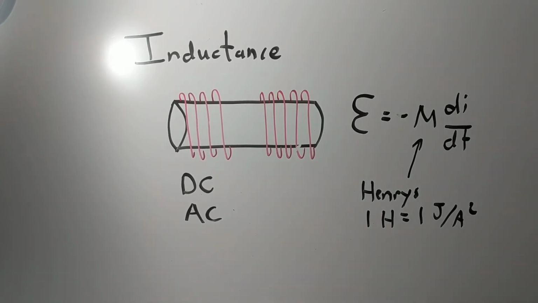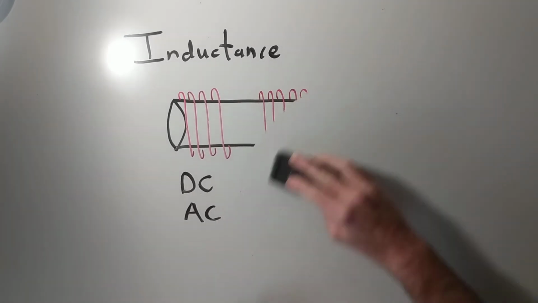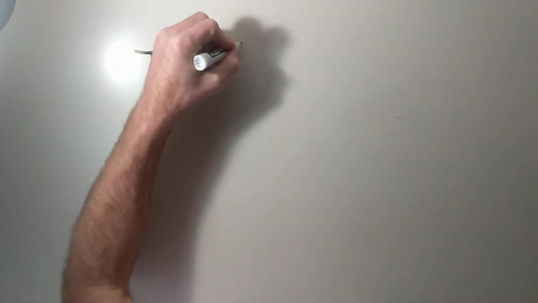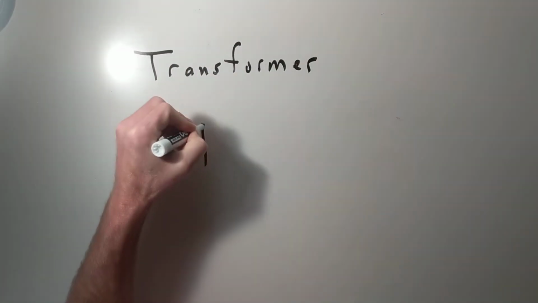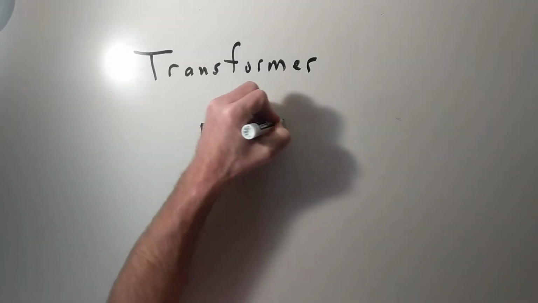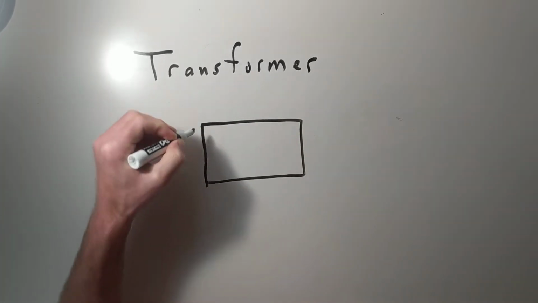So this same thing happens in a device called a transformer. In a device called a transformer, what you have is some kind of iron core, right here.